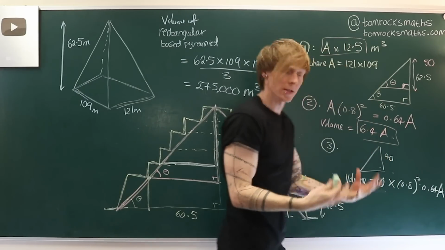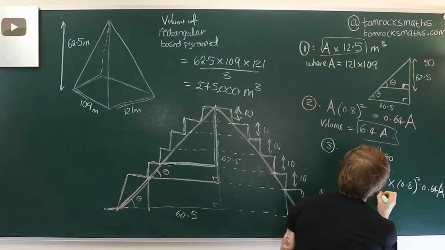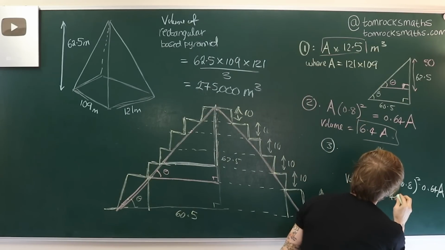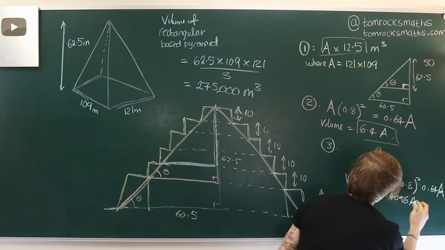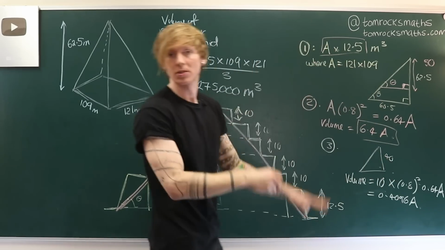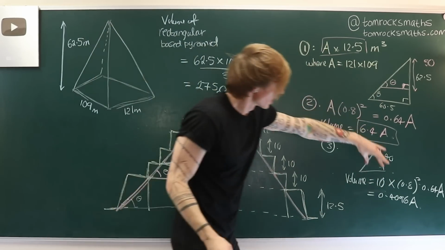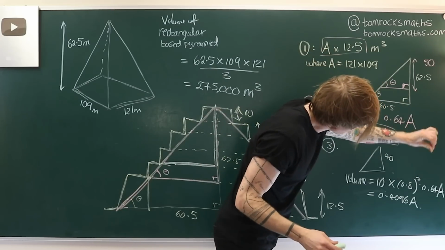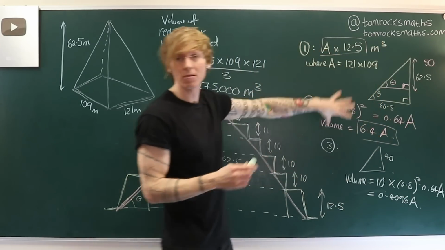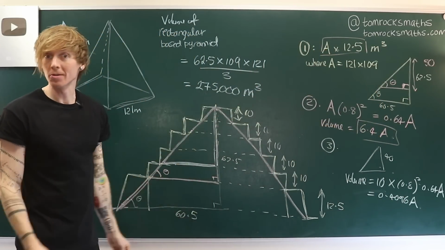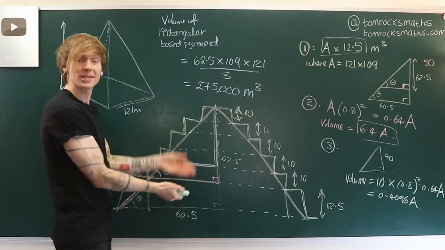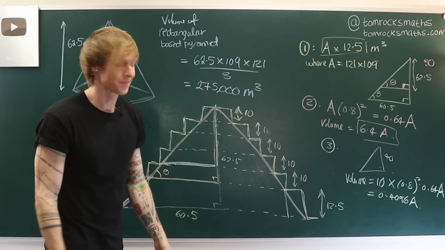So when you compute those numbers, what you'll actually get there is 0.4096 times a, where again, a is the original base. So this one is about 40% of the volume of that original first cuboid. And the others are going to proceed in the same way.